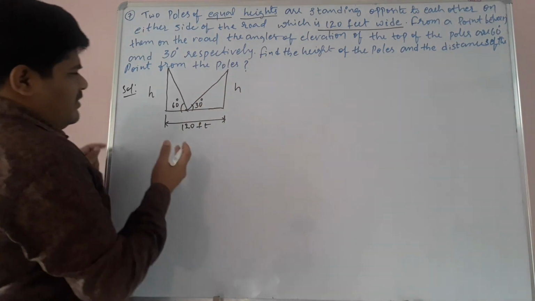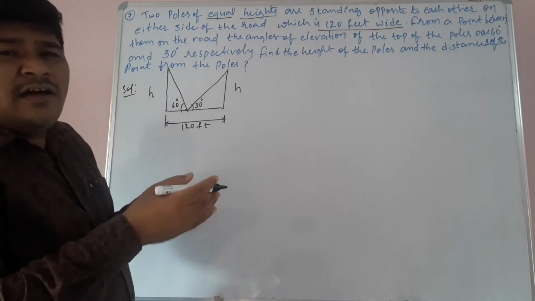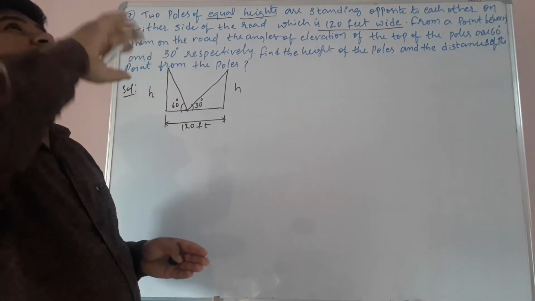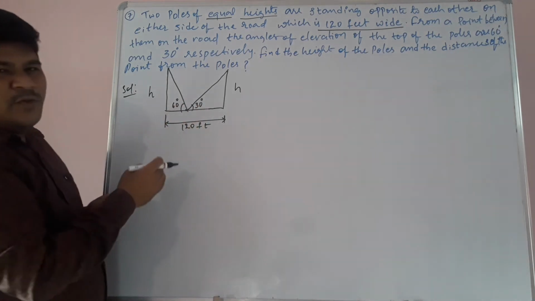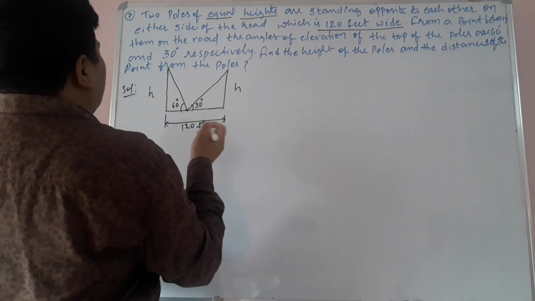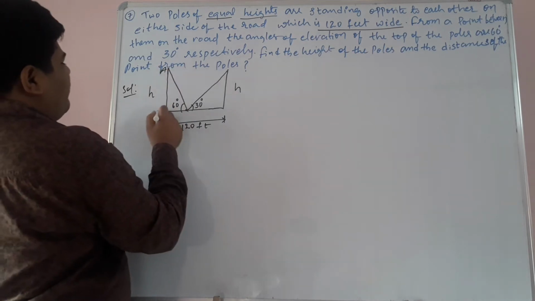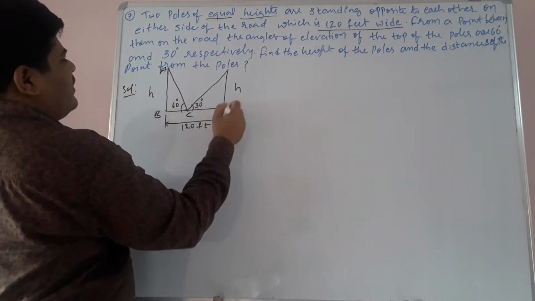Children, if we are near to the target, the angle of elevation is more, so we are seeing up. If we are moving far, the angle of elevation will be less. Now name it, children, A, B, C, D, E.